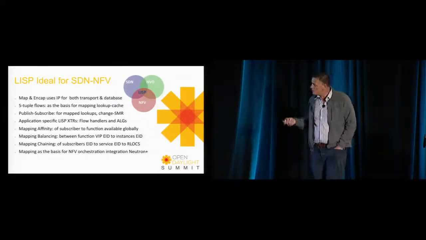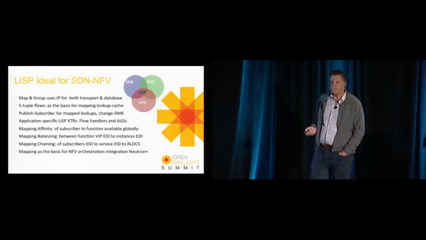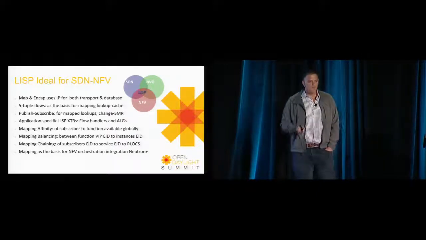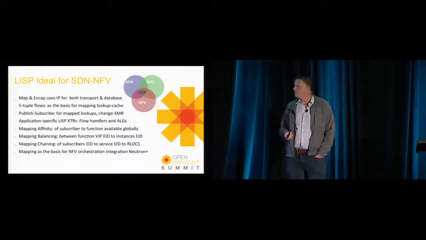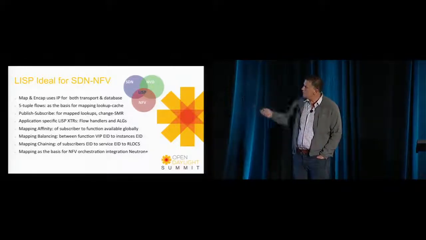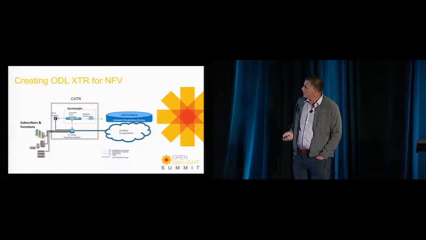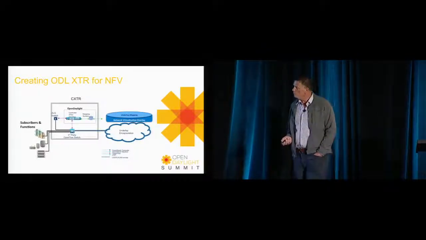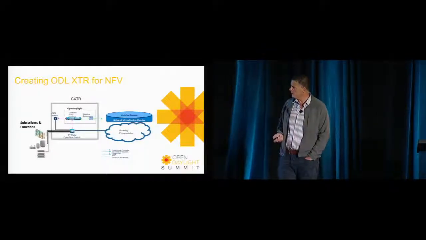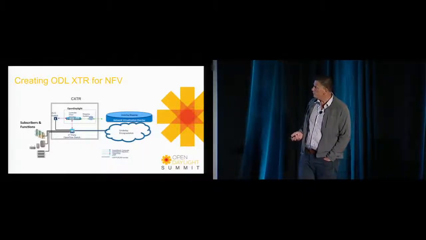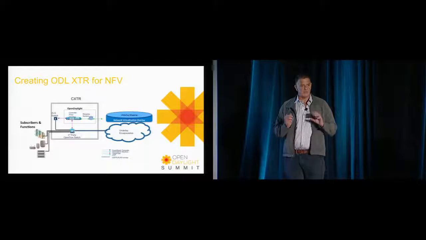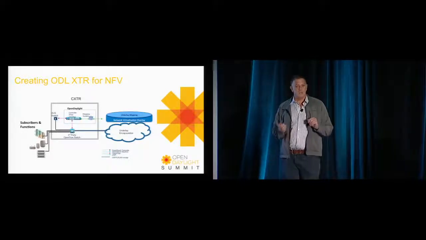Here are the basic characteristics of why we chose LISP and why we went to Joel from IETF for permission to make LISP an SDN protocol, and what else is needed in order to be able to do that well. Let's take a look at a node. When we build an SDN for NFV node, we start off with some kind of physical aggregation, a switch.